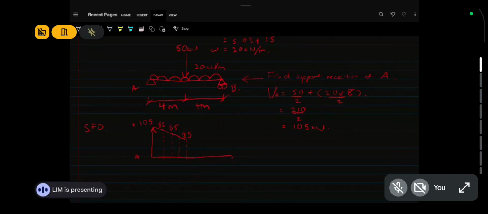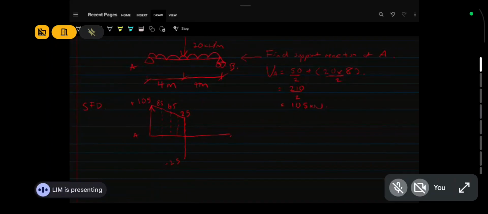So from 25, we have to go down by 50. Where does that take us? 25 minus 50, how much? Minus 25.